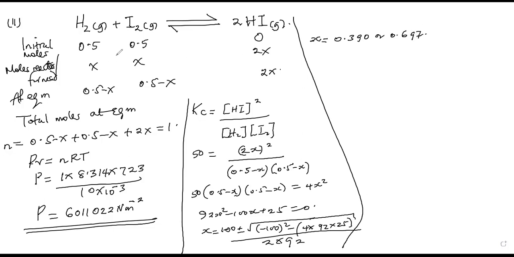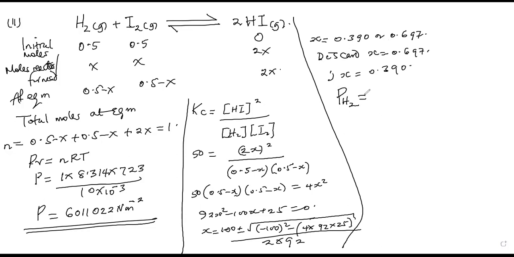But moles shouldn't exceed the initial moles, so we cannot take 0.697, and therefore we shall discard it, because it gives negative values of 0.5 minus x. So if we discard that, it means that our value of x is 0.390.